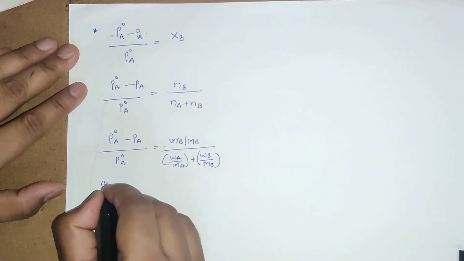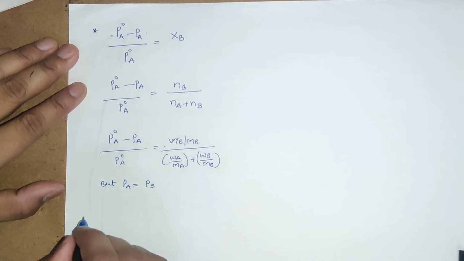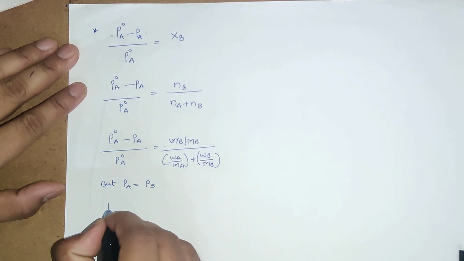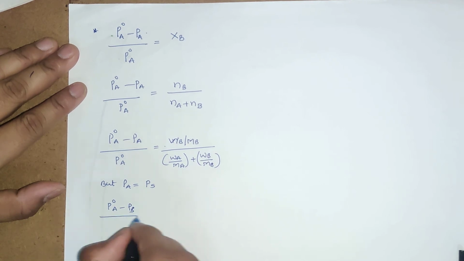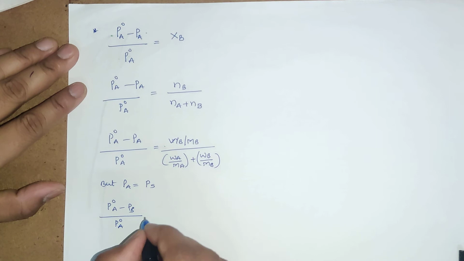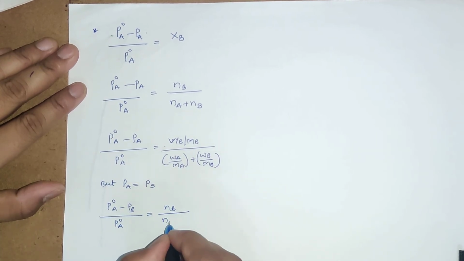But Pa may also be written as Ps. That's why we can also write (P naught A minus Ps) by P naught A is equal to Nb by Na plus Nb.